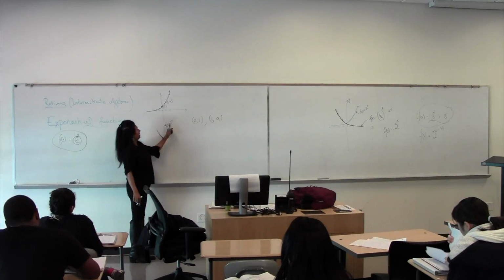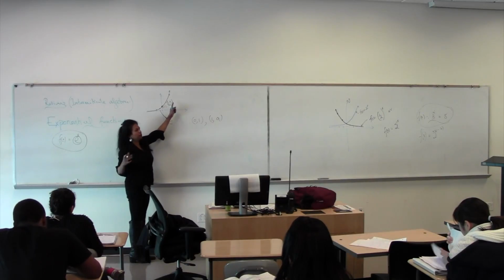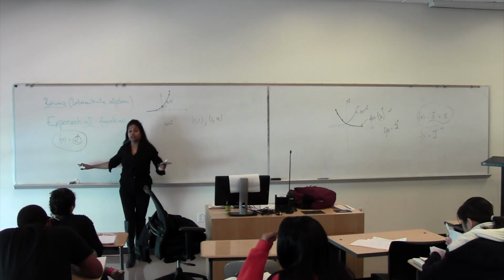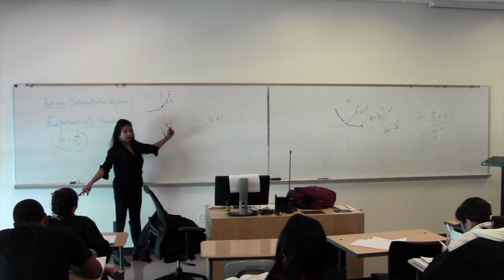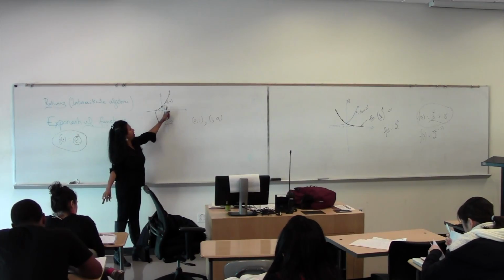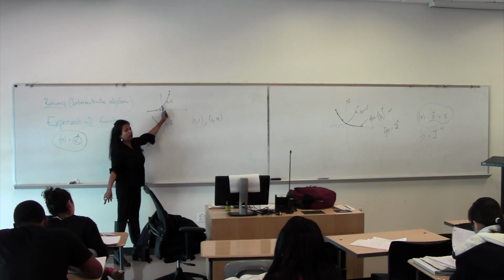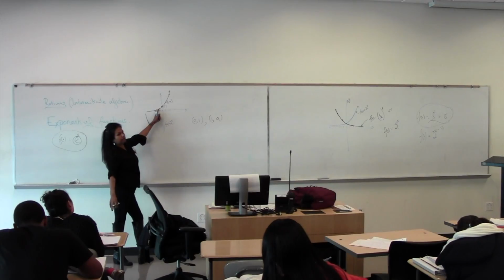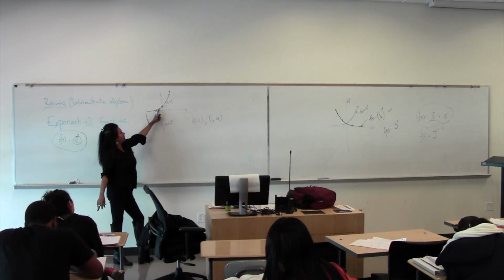If this is 3, the graph is going through it too. You don't have to know that because you know how to create the ordered pairs and do this, right? We did this like a couple of exams now. But it's good to know that exponential functions are going through these points. Okay, so what is this point in terms of a?